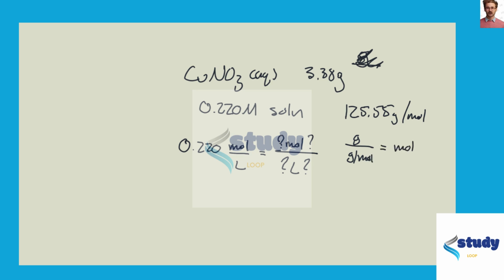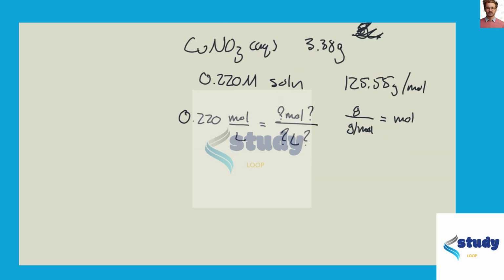That'll tell us how many moles of copper nitrate we in fact have, right? So this is actually telling us how many moles we have. We simply need to do a little division. 3.38 divided by 125.55.